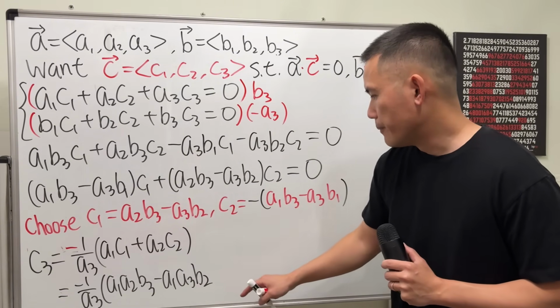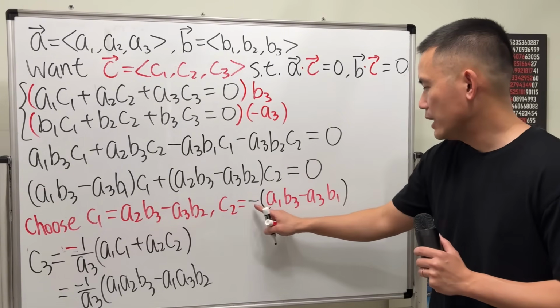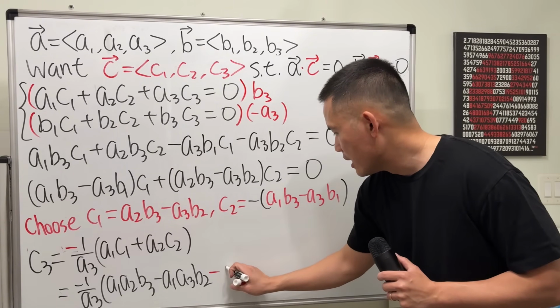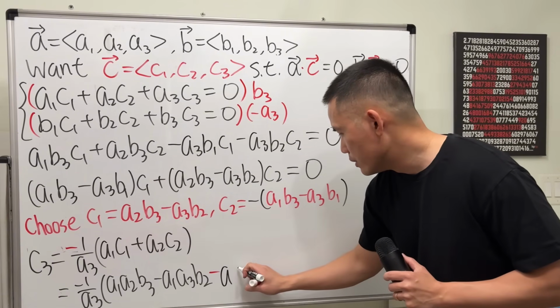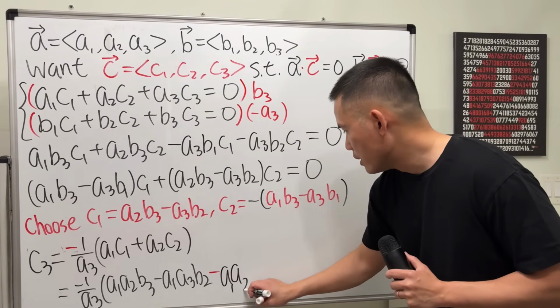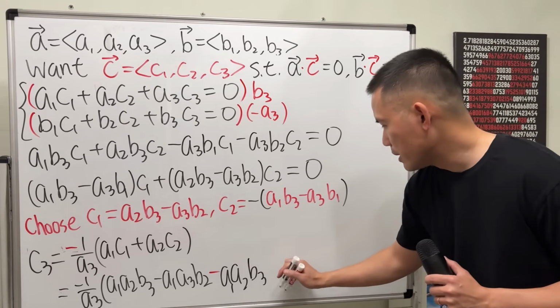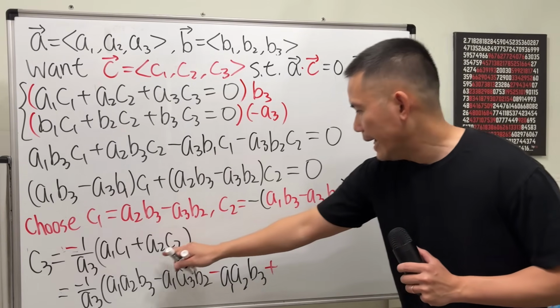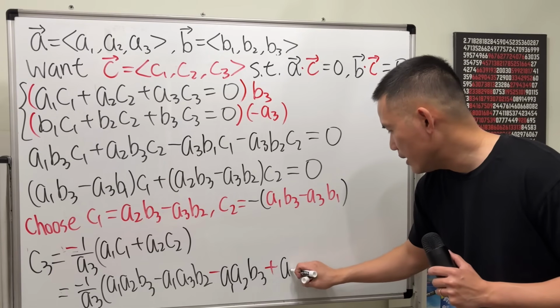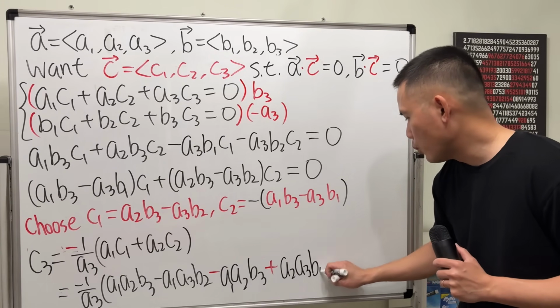And then A2 times this, we have a negative, so it's minus A1 A2 B3, and then negative, negative, so it becomes plus A2 times that, which is A2 A3 B1.